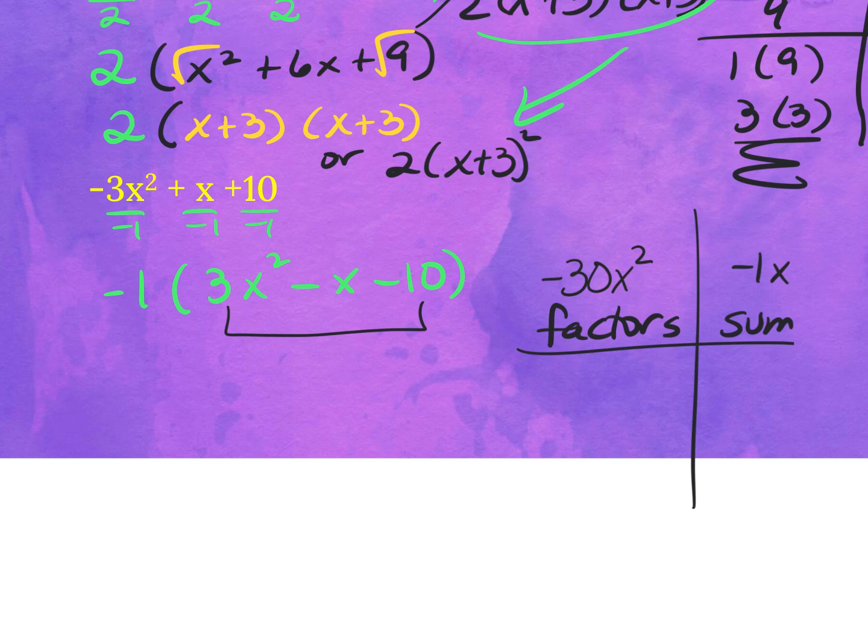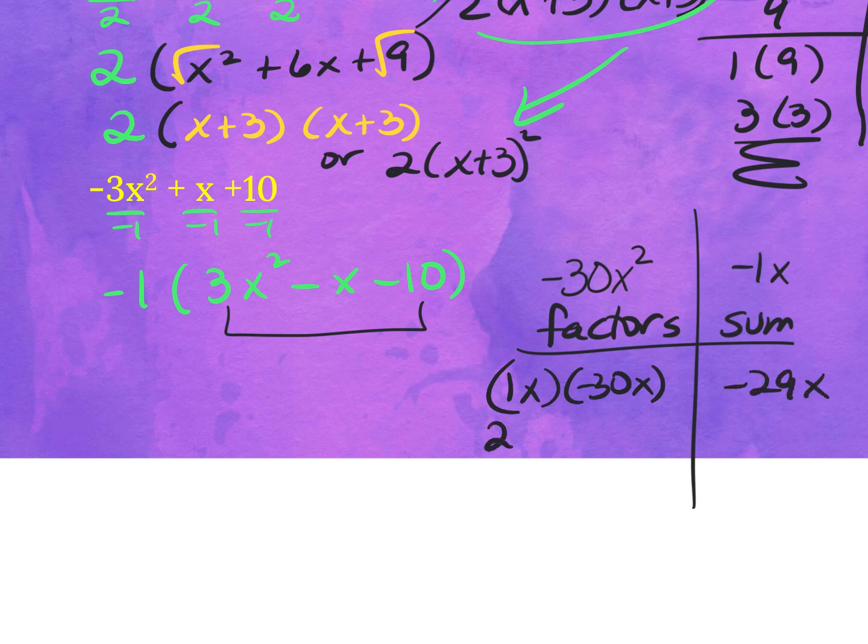So again, signs are different, and the sign that the bigger factor has is going to be the sign of the middle. And my middle term is negative. So it'll be 1x times -30x. This gives me the product I need, but when I add it, it's not the right sum.